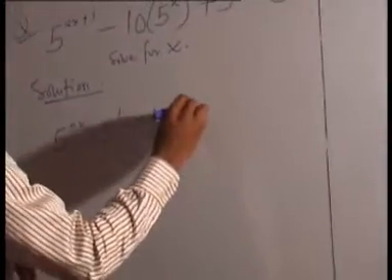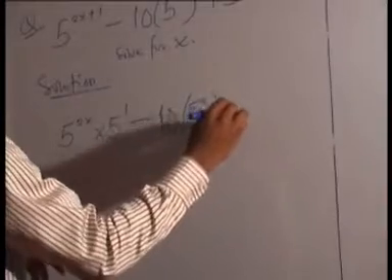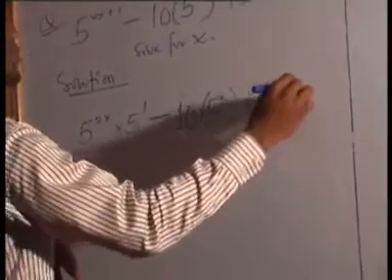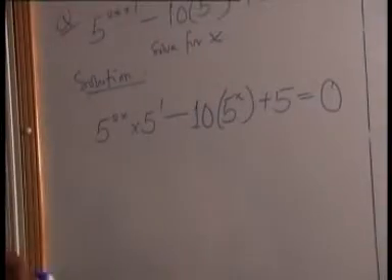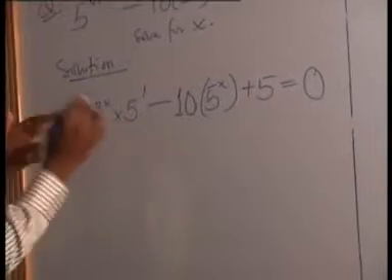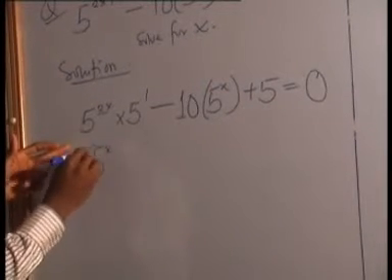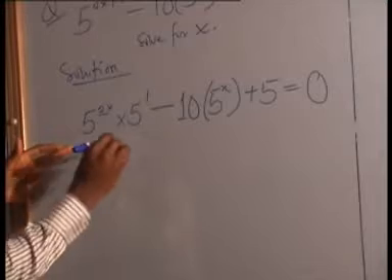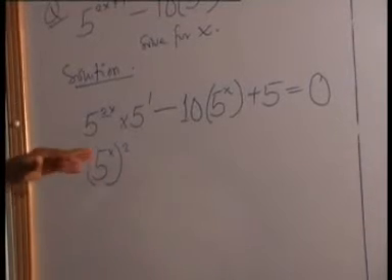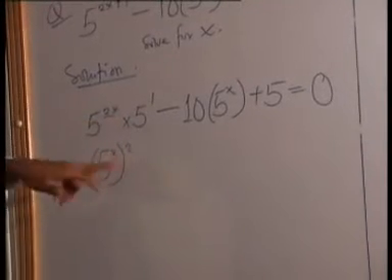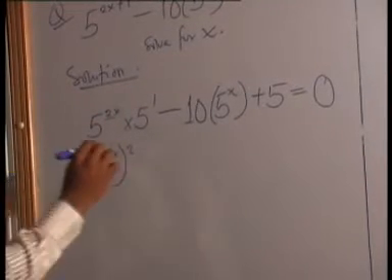Written this way, it is still the same; 2 times x, or x times 2, is the same thing.